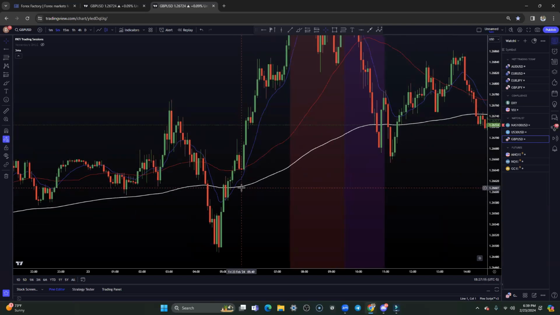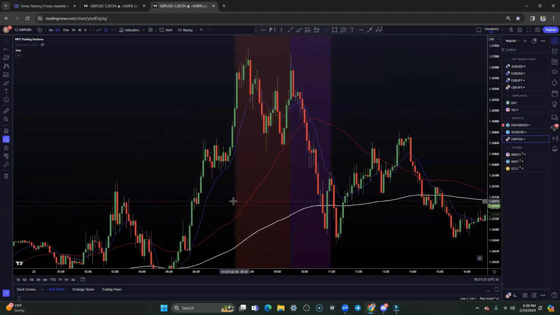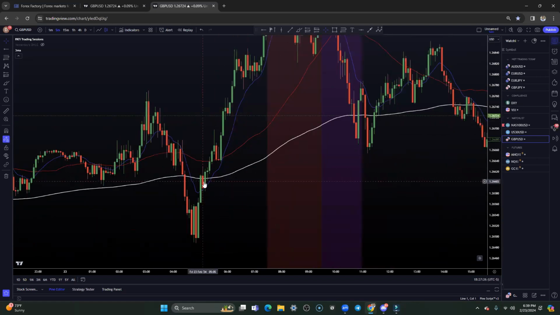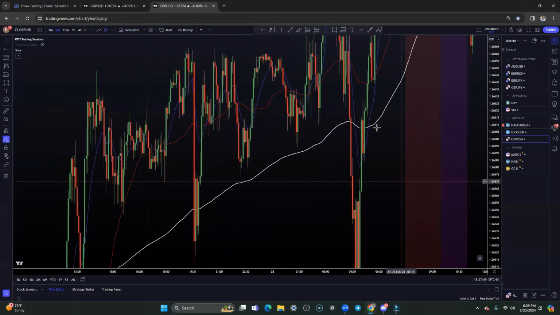Once it hit my 1-1, I got out, but I was just wondering why it did that. Okay, you took this. So you know this kind of trend, right? Is that a break of structure at all?